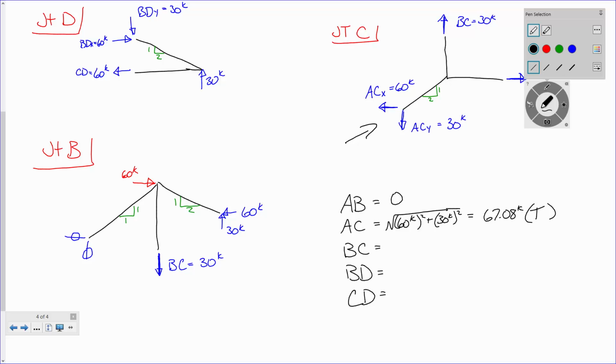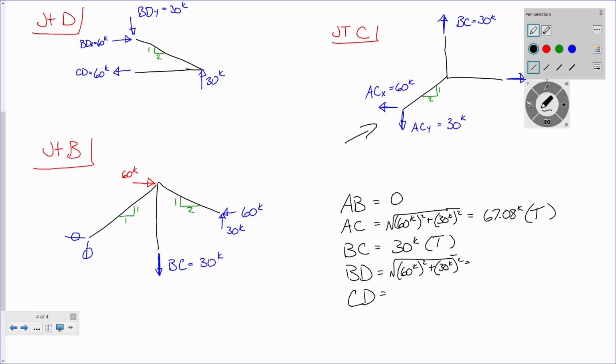BC is, what is that? That's just 30 kips, right? And that is in tension. There we go. BD is another one of those diagonals. The number is going to come out the same, right? Because it's the same slope ratio. We've got 60 kips squared plus 30 kips squared.